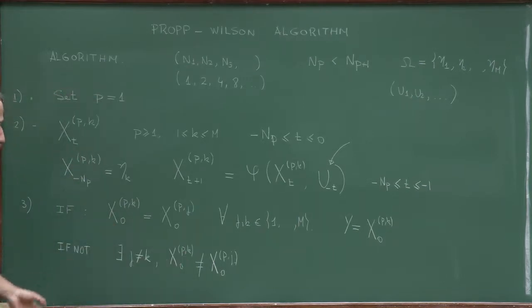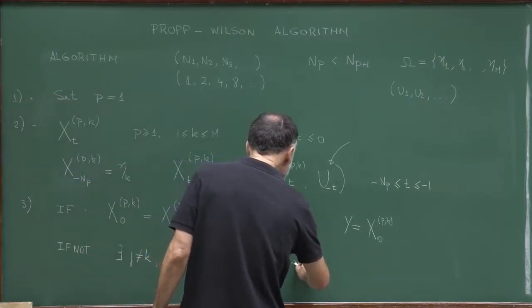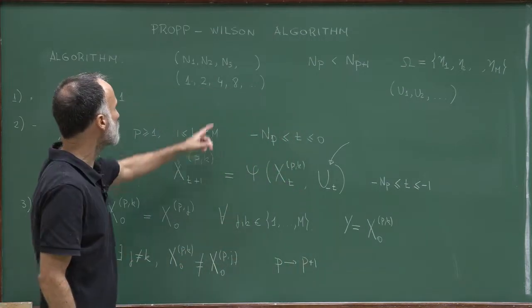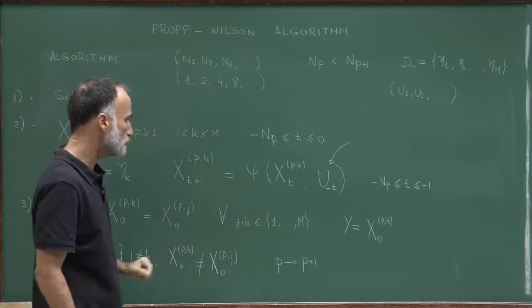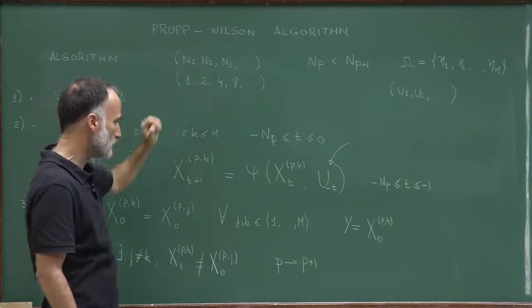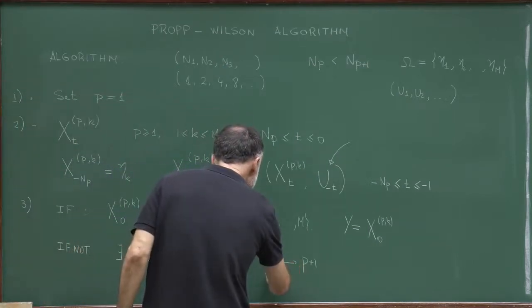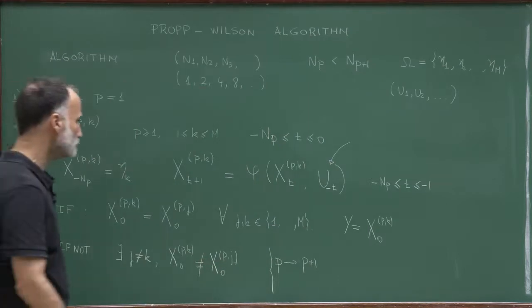In that case, you increase p by 1, so you change p to p plus 1. Which means that if you start with p equal to 1, you go to p equal to 2. So you change the value of p, and then you repeat step 2.